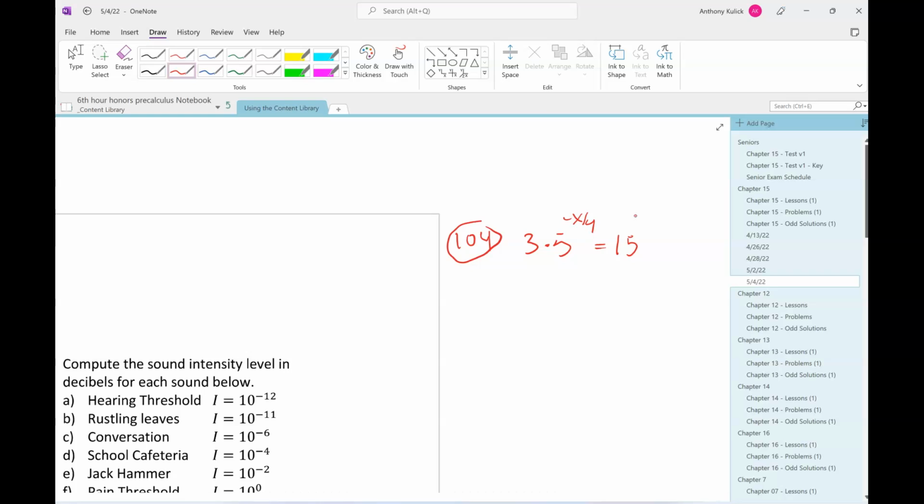So first step would be to divide by 3. And here I would just use the one-to-one property since the base of the exponential is the same. I can just set the exponents equal to each other.